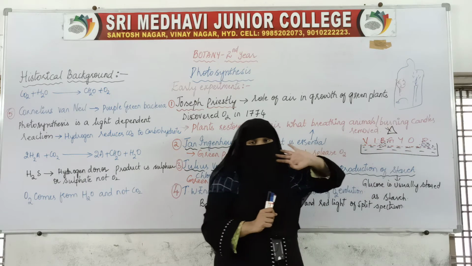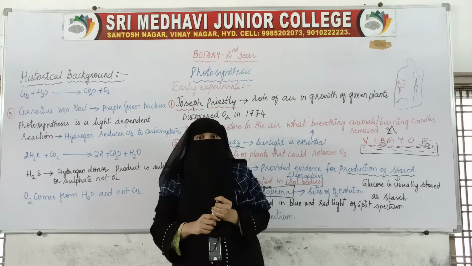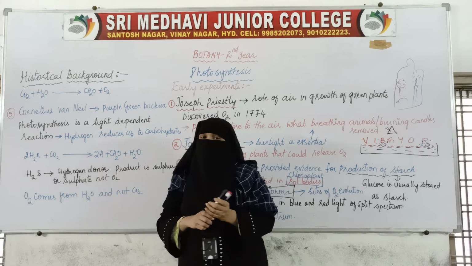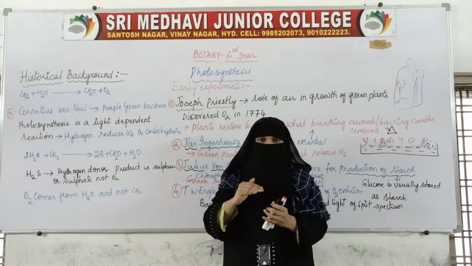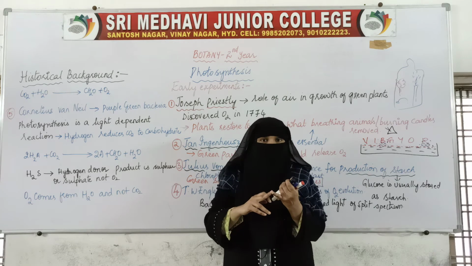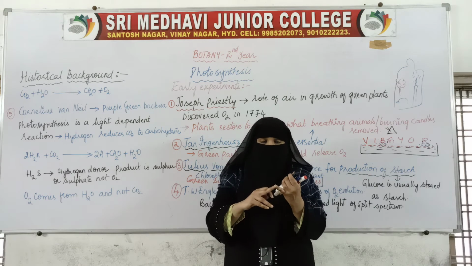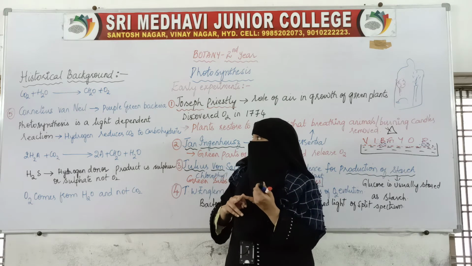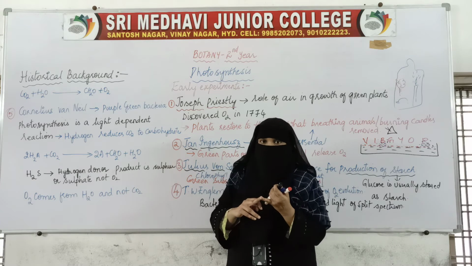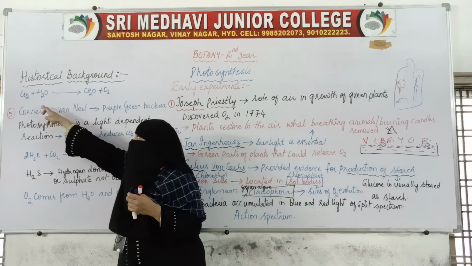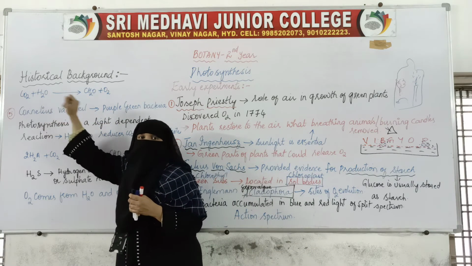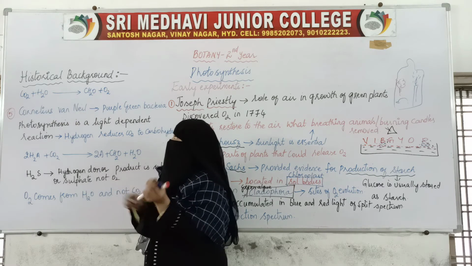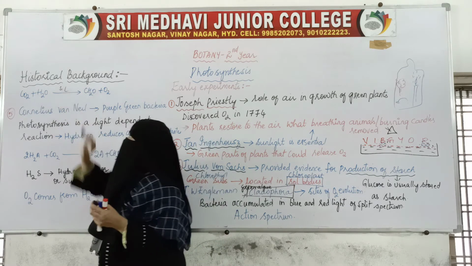So what he said is that bacteria accumulated in the blue light region and the red light region. Another scientist whose name is, so by this time the scientists had understood that for the process of photosynthesis, plants require carbon dioxide and water in the presence of sunlight.